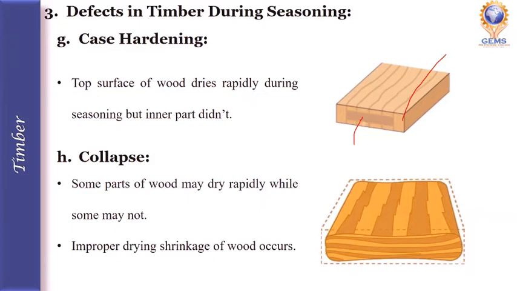Next is collapse. During drying, some parts of the wood may be dried rapidly while some may not. Because of this improper drying, shrinkage of wood occurs. That results in the defect called collapse.